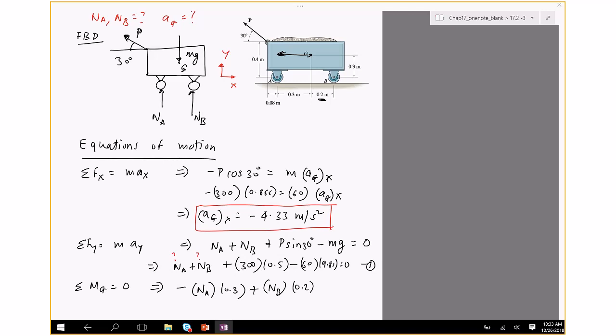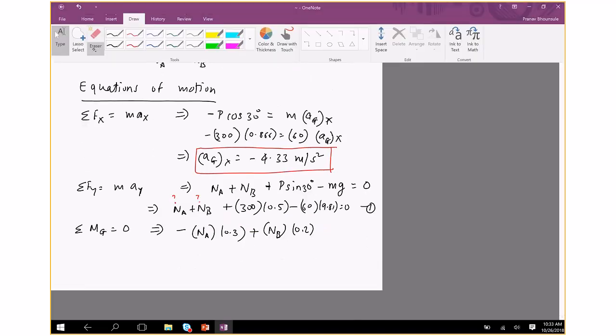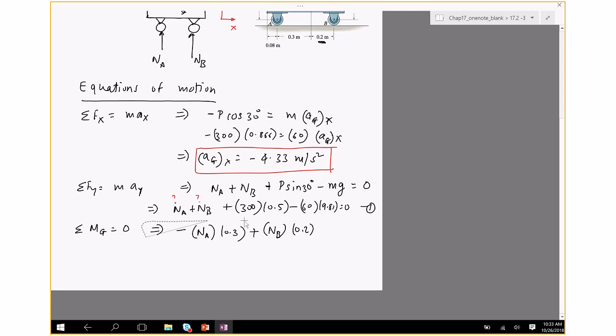One force is P cosine 30 acting to the left, and find the moment due to that force. Then the next is P sine 30 acting upwards, and then find the effect of that force. So you're taking one force and creating two forces out of it, one in the x direction and one in the y direction, and then it's easier to find the moment because you're only looking at the horizontal and vertical distances. So let's do it that way. Let me just put that in terms of an equation.